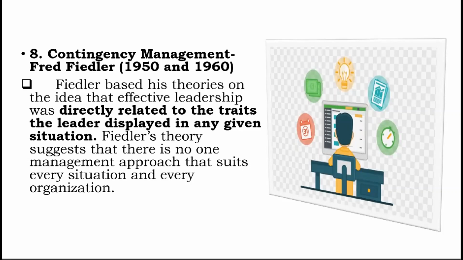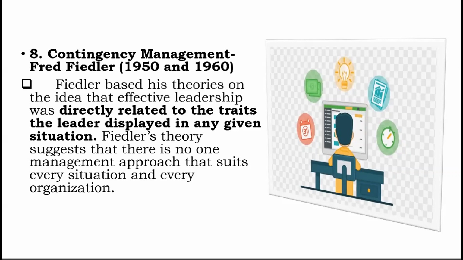So, instead, 3 general variables are determined: business management and structure. So, meron po tayo ditong 3 general variables na determined dito sa theory. First po is the size of the organization. Second is the technology employed.